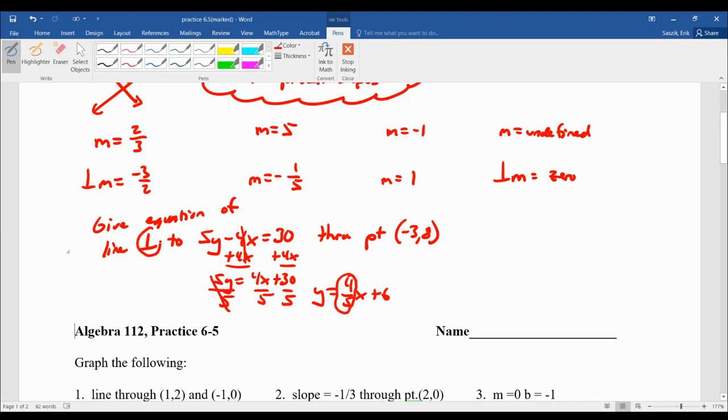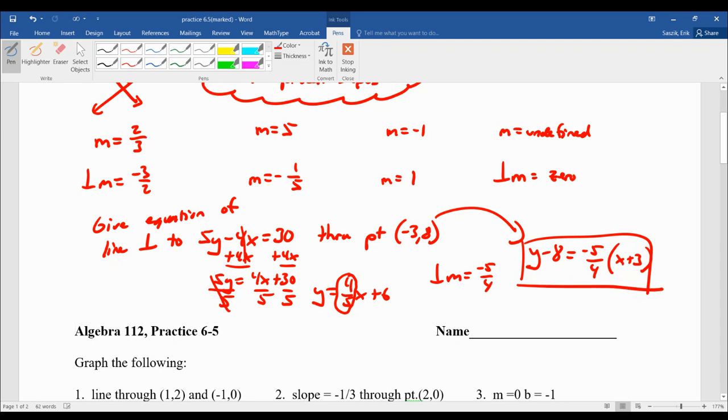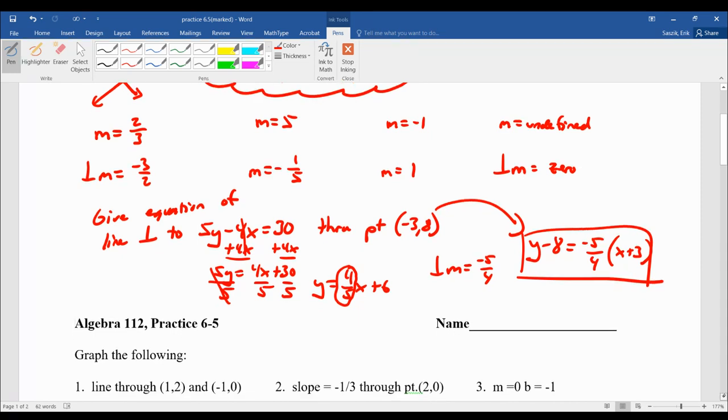We want to be perpendicular, so that means we have to flip it and change the sign. So the perpendicular slope would be -5/4. This is just a regular old point, so I'm going to use point slope form. Y minus 8 equals -5/4. There you go. So perpendicular lines have opposite reciprocal slopes.